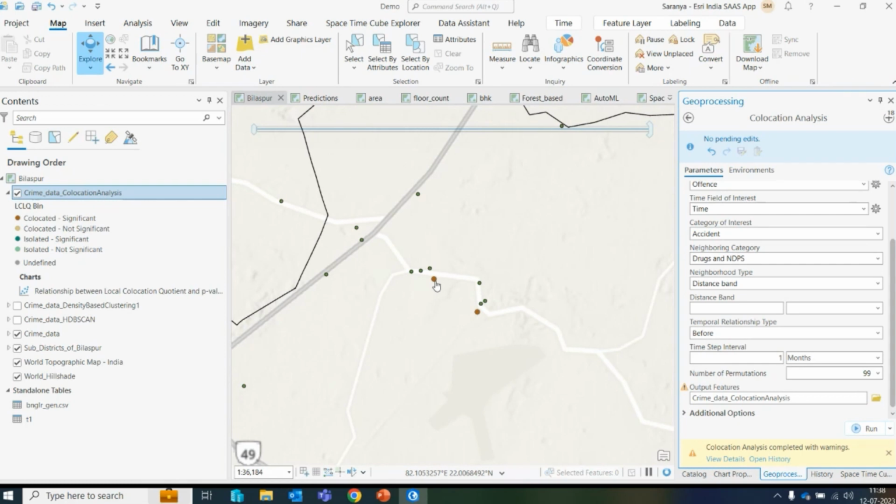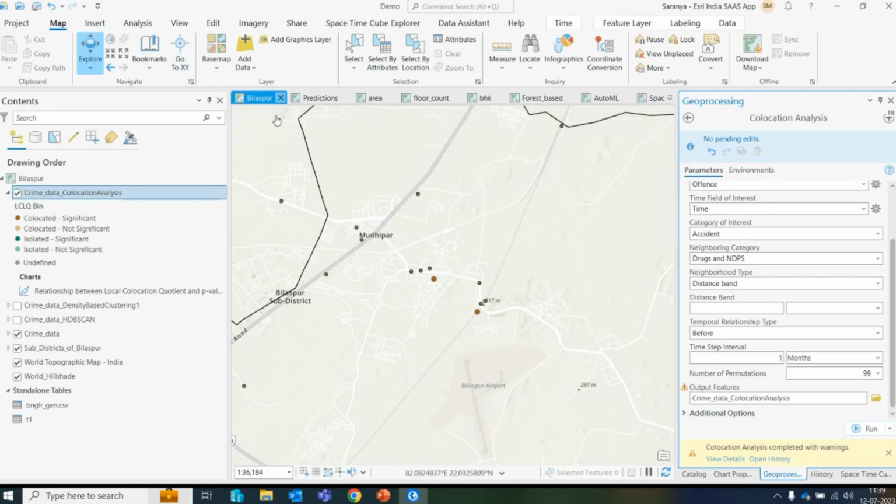If you look at these brown dots, these are the places where crimes of accidents and crimes of drugs are co-located and their association is very significant. So this could give us insights like if the police department targeted the crimes of drugs first, chances are the crimes of accidents will also go down. So this is how you can use co-location analysis.